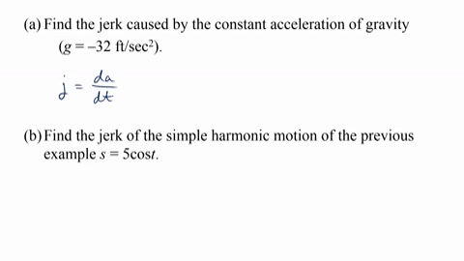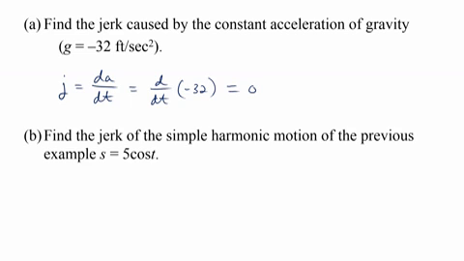And we're told that acceleration in this problem is the acceleration of gravity, which is negative 32 feet per second squared. So we want the derivative with respect to time of negative 32. And we know that the derivative of a constant is equal to 0.